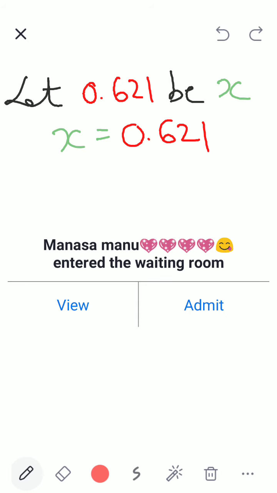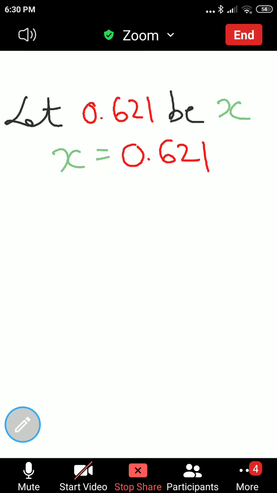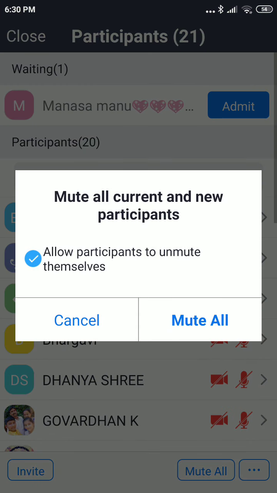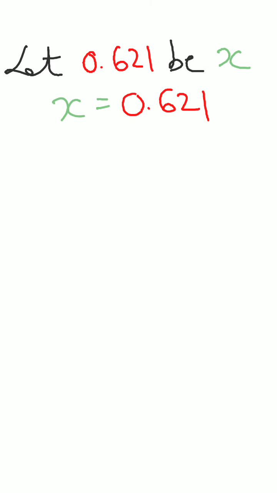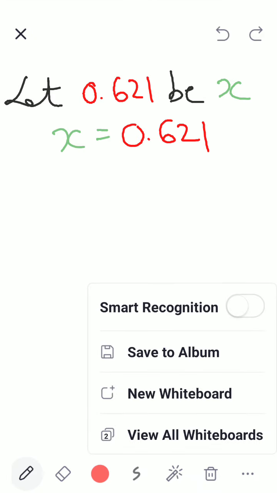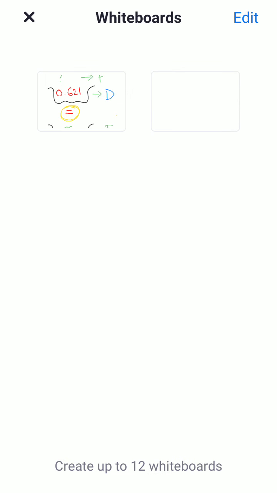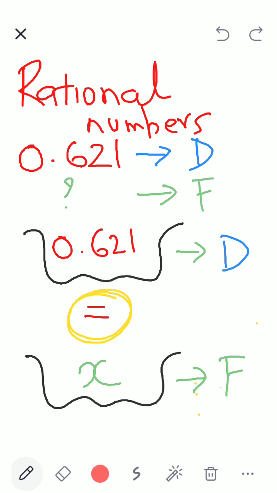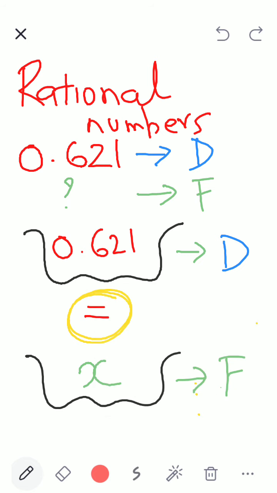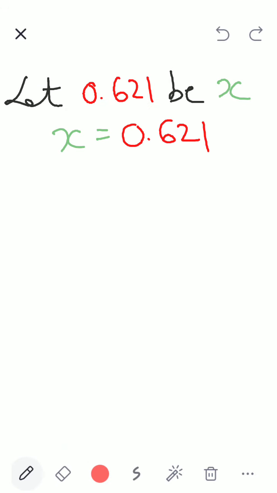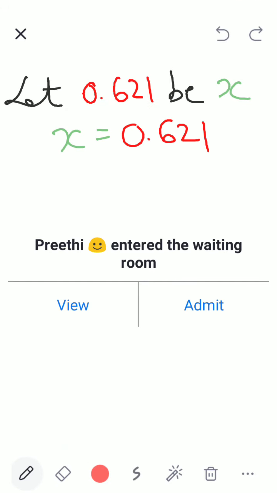Children are still joining, network problem. Now look at the bag. You all can make out 0.621 equals X. No confusion? Correct? So what we have written is correct. So X is equal to 0.621.